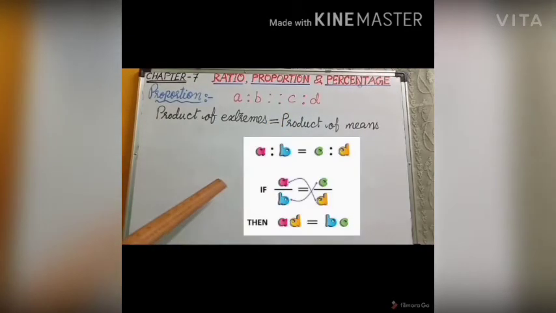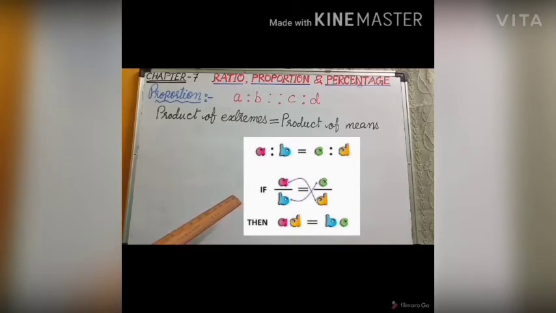In this picture you can see A ratio B can be written as A divided by B, and C is to D can be written as C by D. So here A and D are extremes and B and C are means.